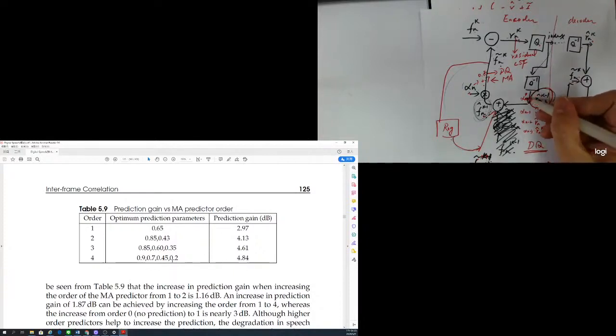So we have 3, we have 4 coefficients. We consider the previous decoded residual vectors. If we consider not just one order, but more previous subvectors to do the linear combination, the prediction gain can become higher. So if we use more vectors to do the prediction, your performance will become better.